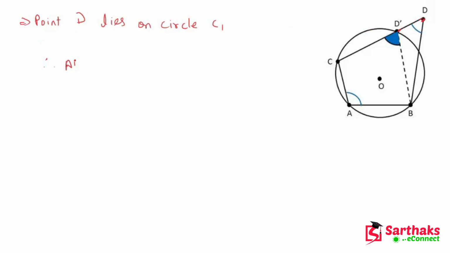Hence we can say that ABCD is a cyclic quadrilateral, because we assumed that ABD dash C is a cyclic quadrilateral, but we proved that D and D dash, these 2 points coincide. It means D dash is the same as D, so we can say ABDC is a cyclic quadrilateral, and hence proved.